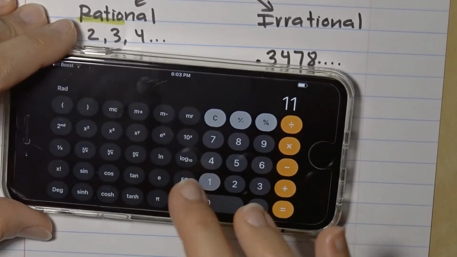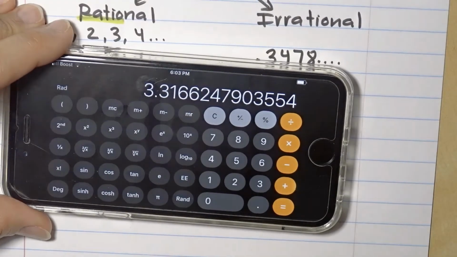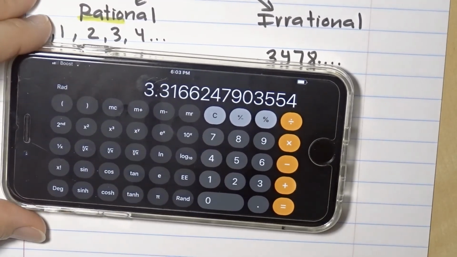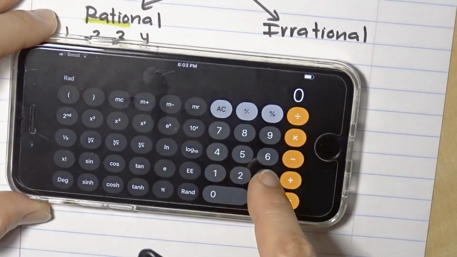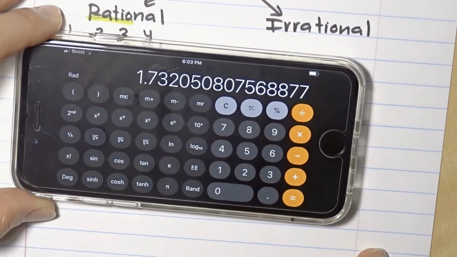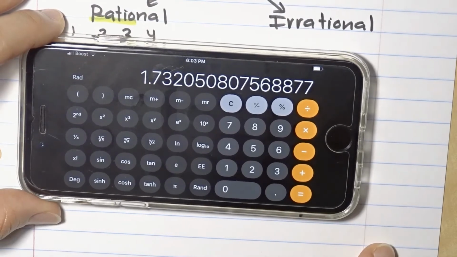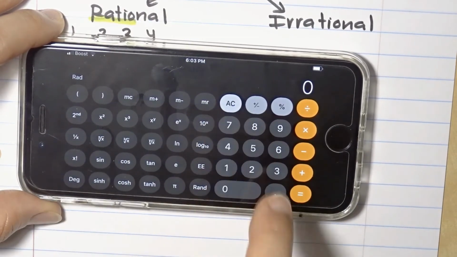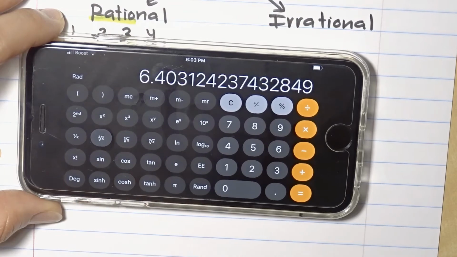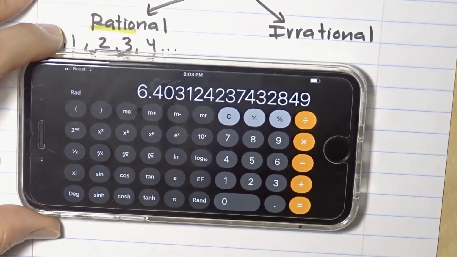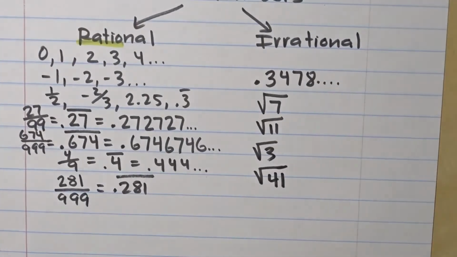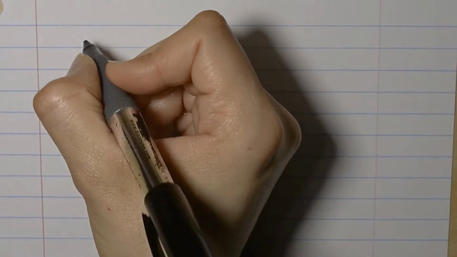So just to show you, the square root of 11, a long crazy number that goes on forever without a pattern, and the square root of 3, another number that goes on forever without any patterns, and the square root of 41, another long number without a pattern. So these are the ways you come up with an irrational number. Right, so let's look at example 1.